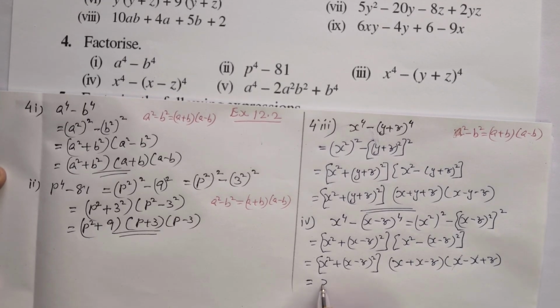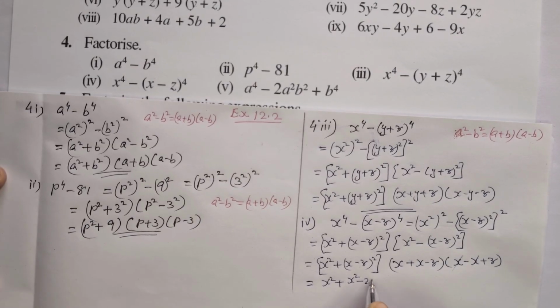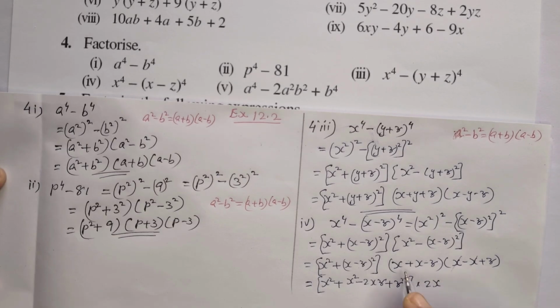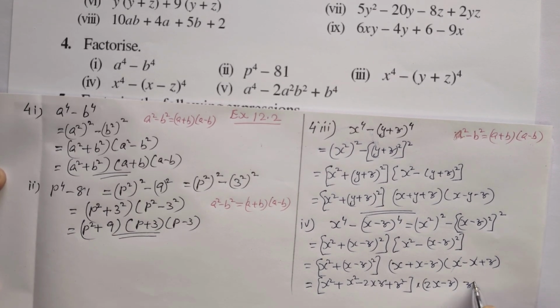First open the bracket, that means x square plus a minus b the whole square, x square minus 2xz plus z square, that is in the first bracket. Then here second bracket is coming 2x, x plus x, 2x minus z. 2x minus z, here just z is there.